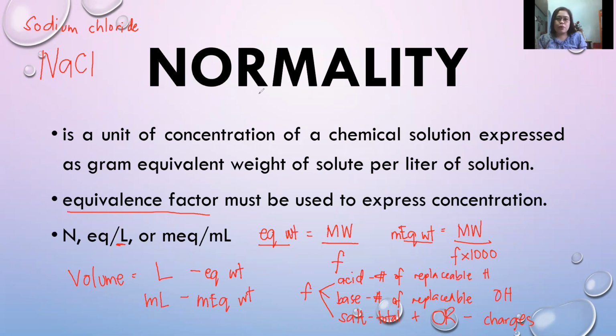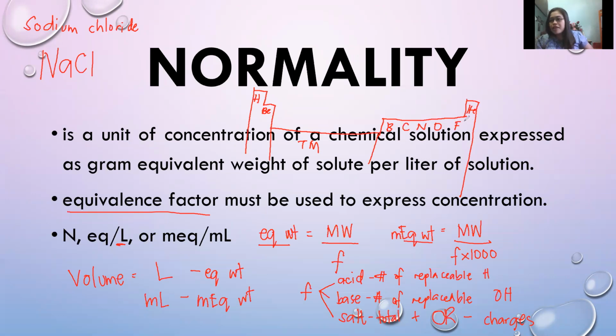So let's draw the periodic table again. I believe you have your own periodic table there. You have your hydrogen, you have beryllium here, and then you have the transition metals at the center. And then you have boron, carbon, nitrogen, oxygen, fluorine, and then helium here.